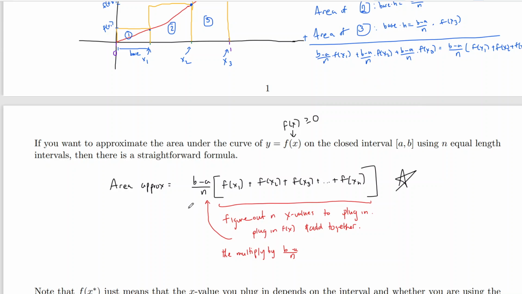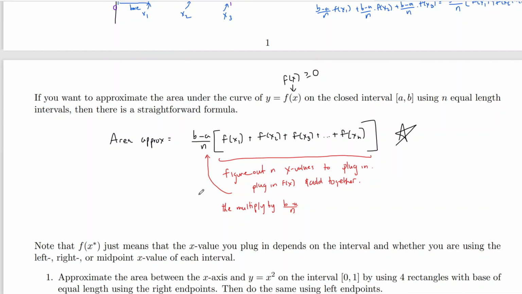Now, if you're not comfortable with what we call summation notation, sigma notation, you should watch the preliminary video that I went over, but this is also written this way. So area approximation using rectangles is b minus a over n, and then you have the sum, or sigma notation, i equals 1 to n of f of x subscript i.